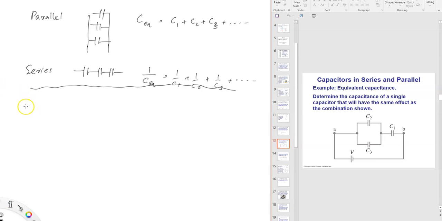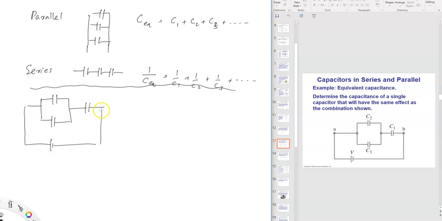Okay, so what we have is two capacitors. In this case, we don't need the battery to find the answer. We're just asking what the capacitance is. So I'm going to remove the battery, right? So this is all we have between A and B. This is point A. This is point B.